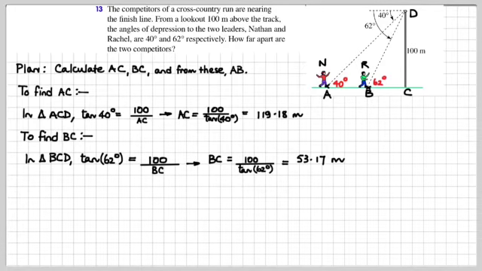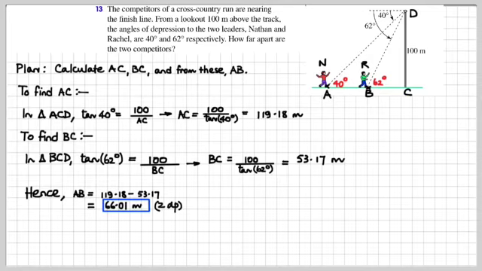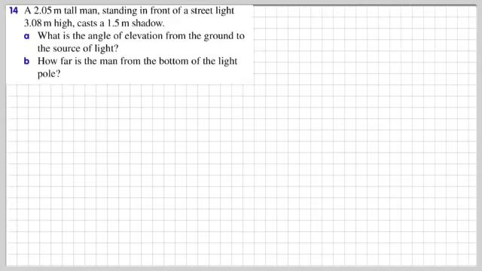Now, we can say, therefore, AB must be AC minus BC, which gets us 66.01 metres to 2 decimal places.